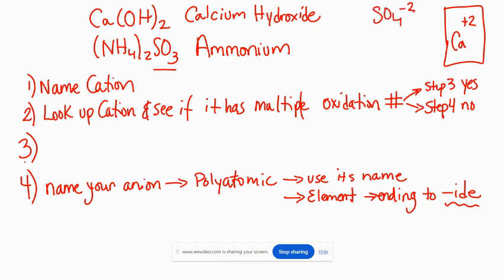SO4 minus 2 is sulfate. But this is SO3. So what am I going to do to get to SO3? You change the ate to ite. Right, you get rid of one oxygen, so you change it to ite. Make sense?